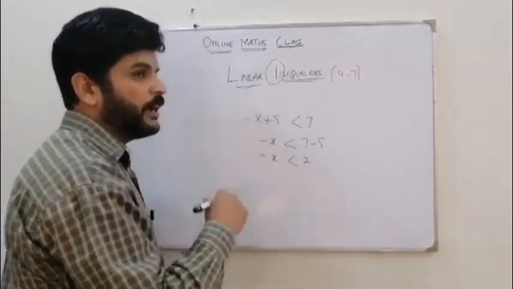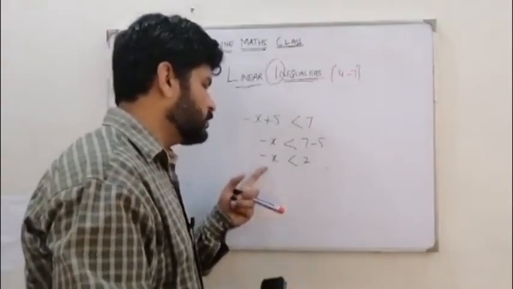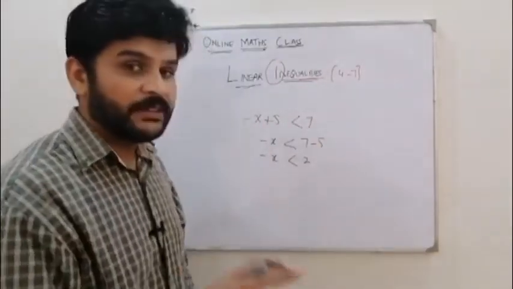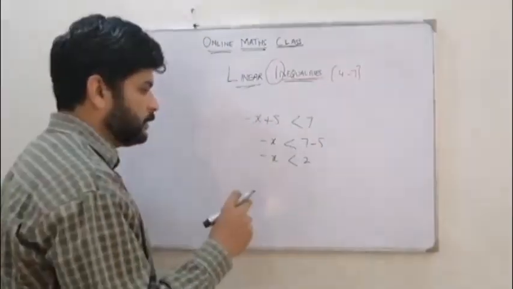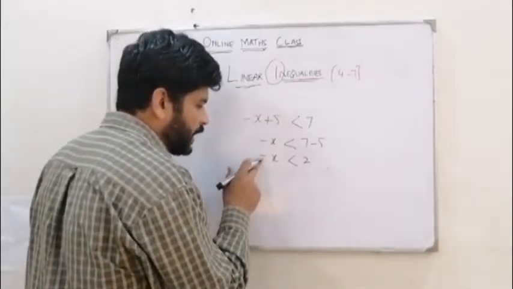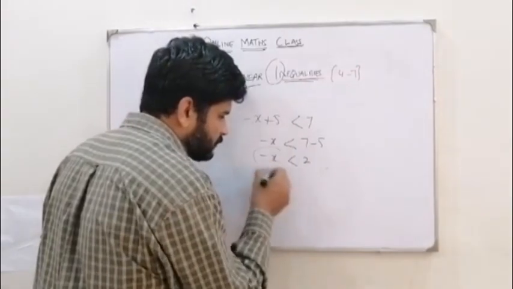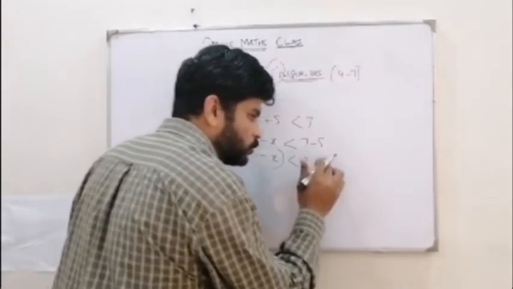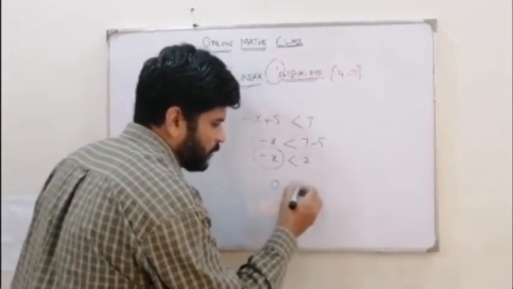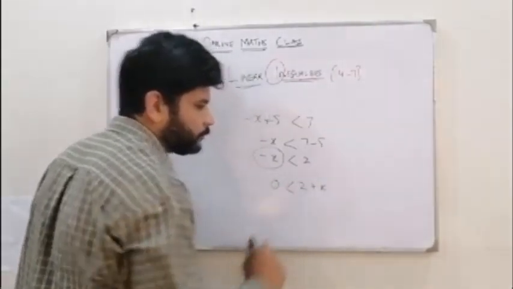Now you don't divide it by minus 1, or shift minus 1 here in inequality. You don't need to do that, right? Otherwise your answer will be wrong here. I'll tell you how it is wrong. For example, this negative sign, since x is negative here, it's going to go and add over here. So leaving 0 behind, this becomes 2 plus x.